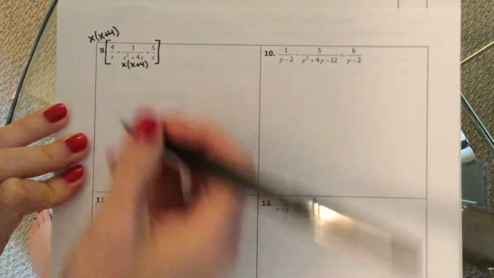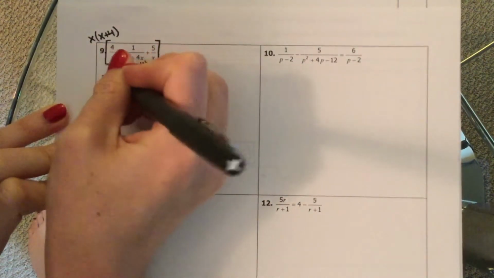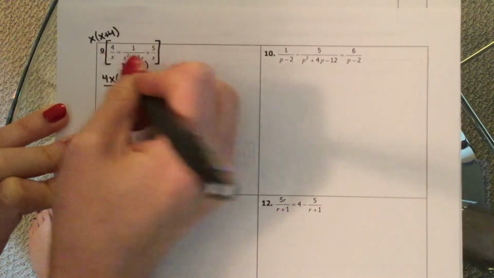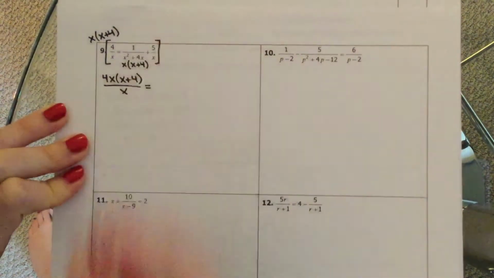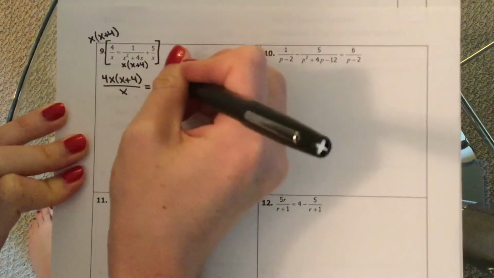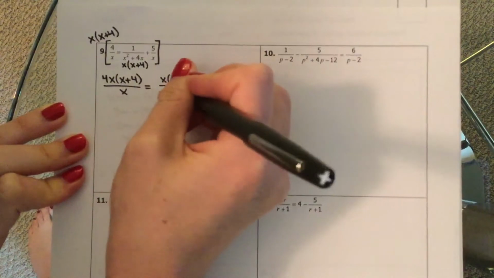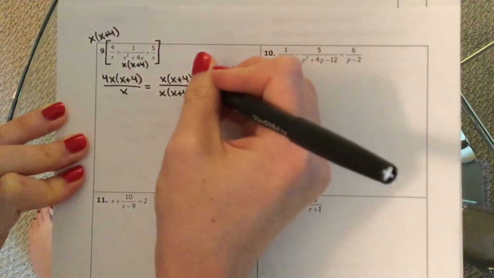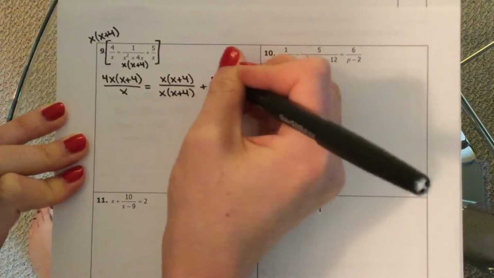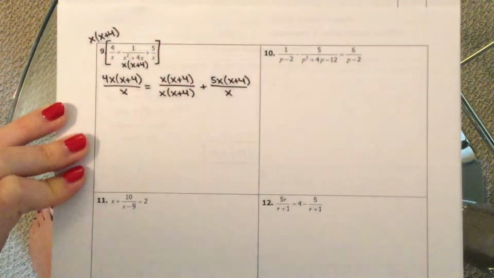So here, when I distribute with the 4, I have 4 times x plus 4 over x equals, and then do the same thing on the right-hand side, times 1 just means it's this exact quantity right here. And then here I have a 5, so plus, you should attach a 5 to the front of that, and then over x.